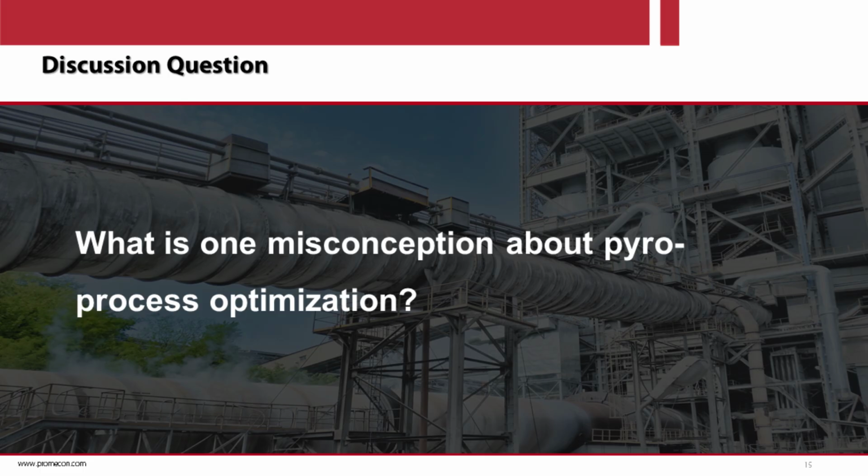Then we see that people do one quick fix after the other, and we get a chain of such measures, which gradually pushes the process away from its original optimum. And the plant always ends up in an operation mode which we call the survival mode. So the people are constantly reacting instead of controlling the process. And honestly, a proper root cause identification would unlock significant savings and restore stable and efficient operation, in my opinion.